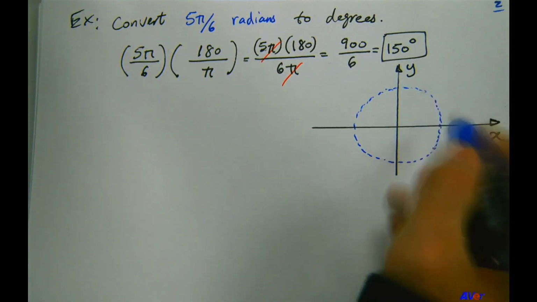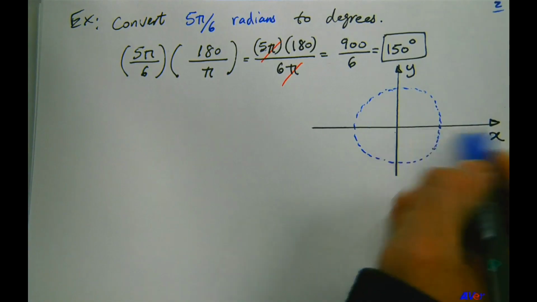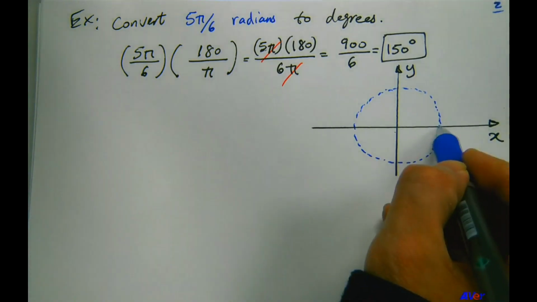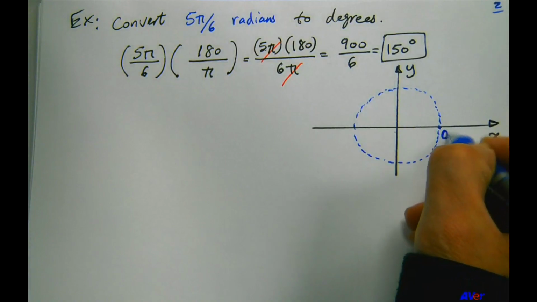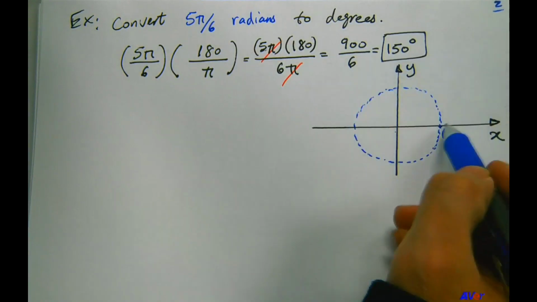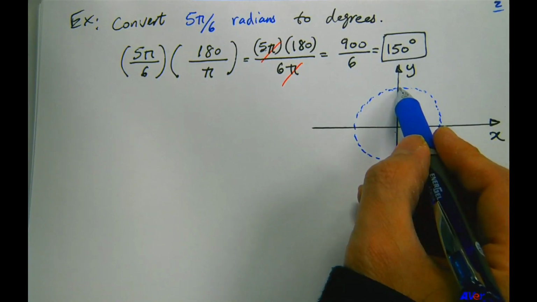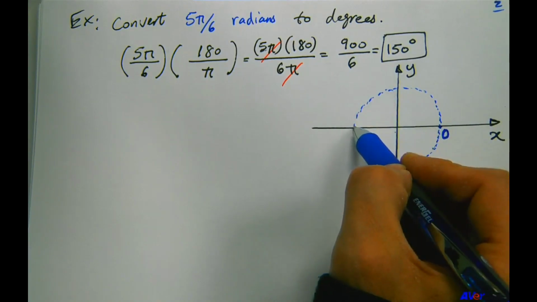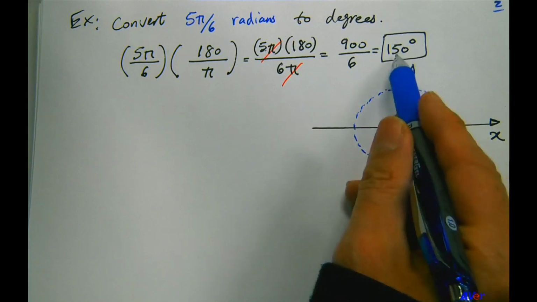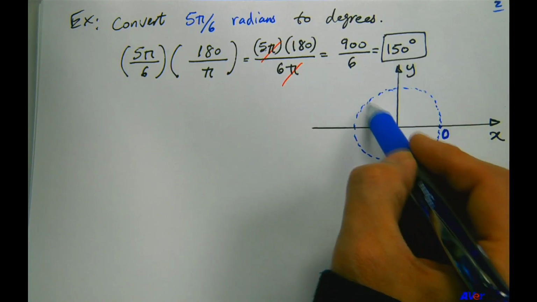So from the positive side of the x-axis, from this point, this is referred to as point 0 of starting an angle. Going up to this point, it's 90 degrees. Going all the way to here, it would be 180 degrees. So this is 150, so it'll be somewhere here, right?